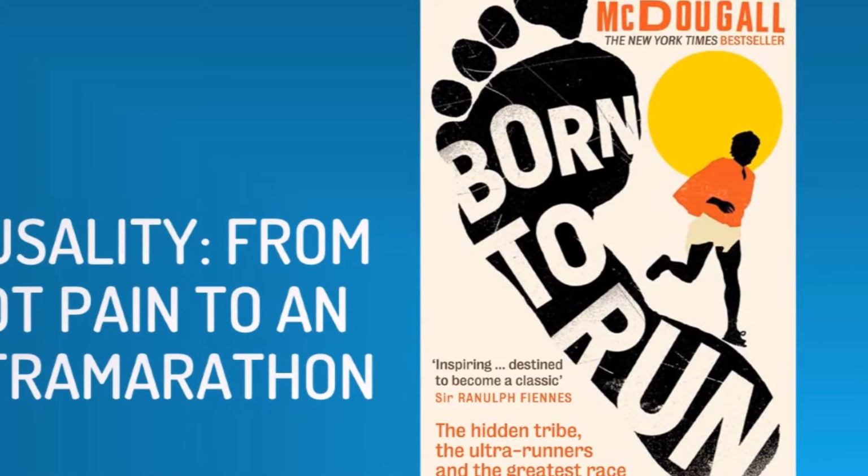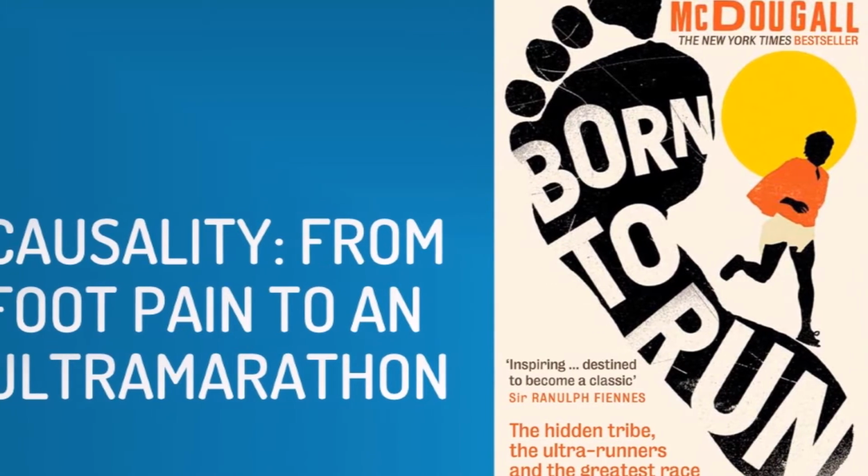Next, let's talk about causality, from foot pain to an ultramarathon. Causality is the cause and effect relationship between events. It's how you got from point A to point B and why those two things are directly related. Without this connection between events, a story becomes a list, not a story. While Born to Run is not told in chronological order, it still has causality.